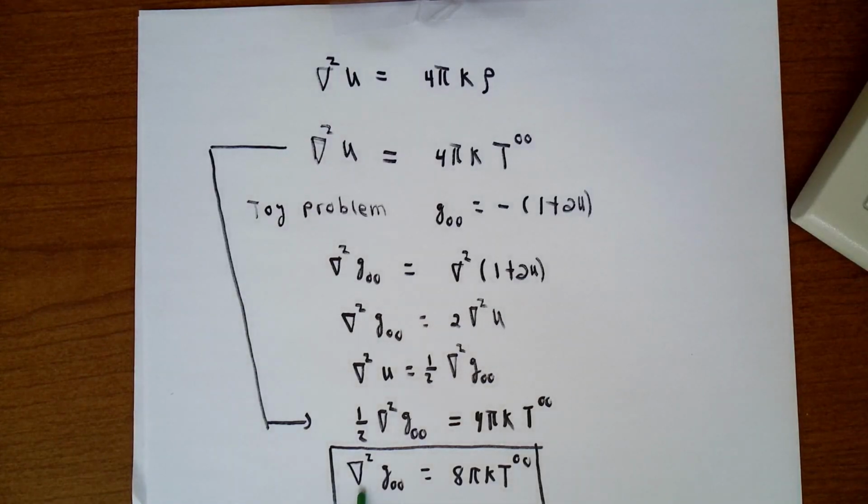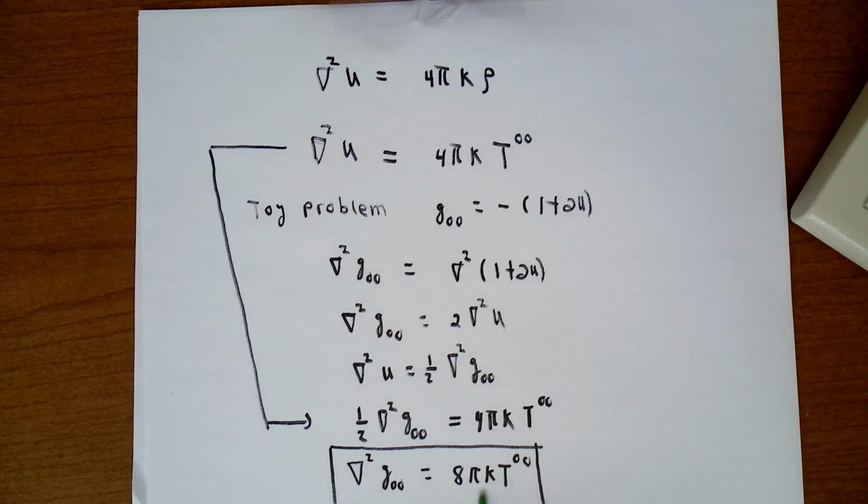The Laplacian of the interesting component of the metric is 8π times Newton's constant times the 0,0 component of the stress energy tensor, which in the rest frame, or a frame moving slowly with respect to it, is the mass density. We're beginning to see the outlines of what's going to happen.